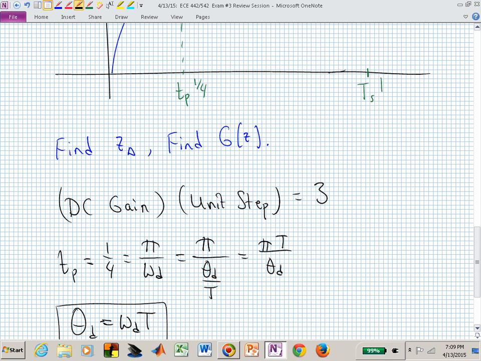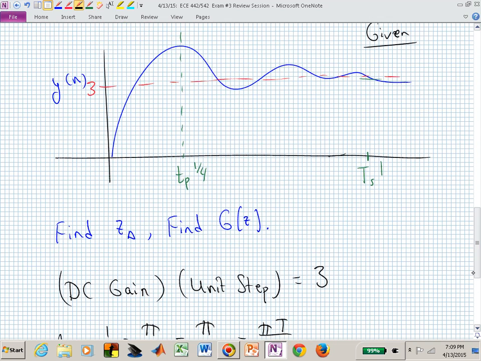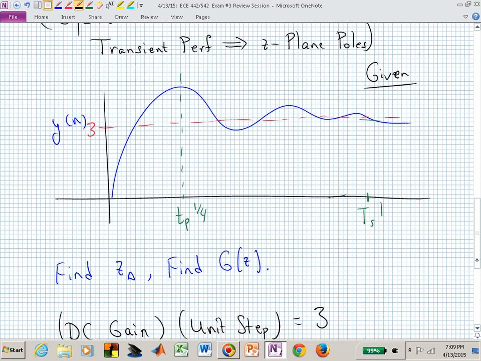You know what theta sub d is. What else can you use from this information? Pardon? Settling time. What does the settling time provide for you? The radius. And once you know the radius and theta sub d, you have your denominator, you have your z delta.